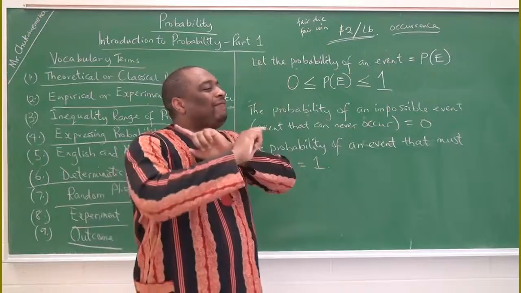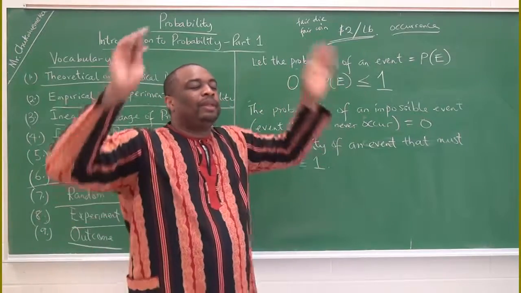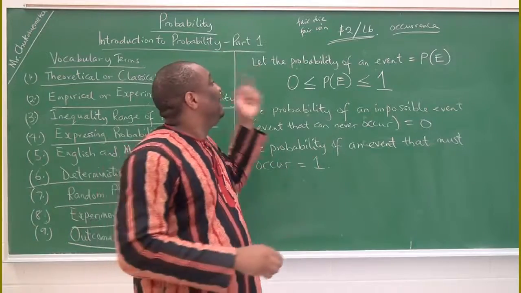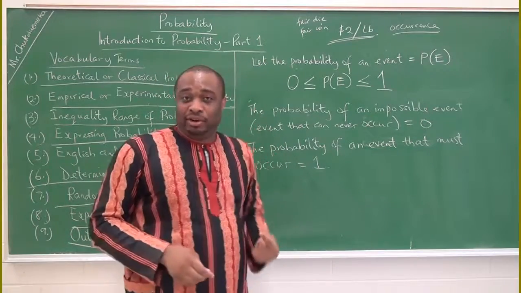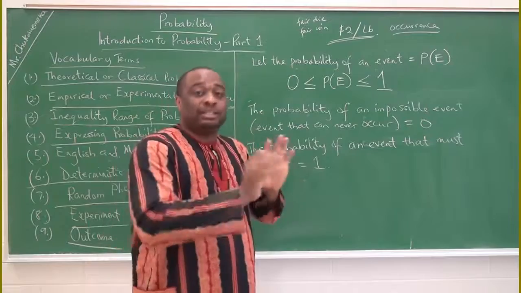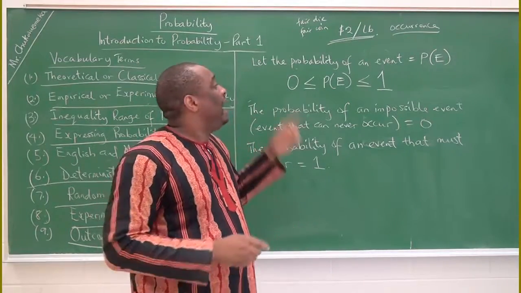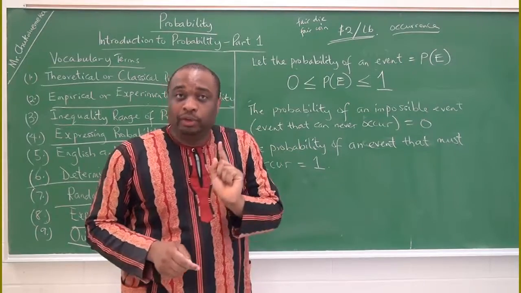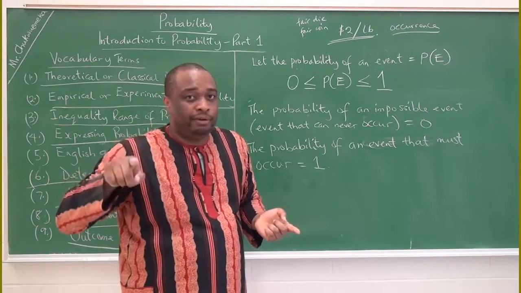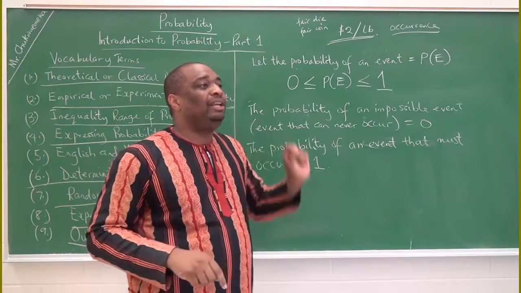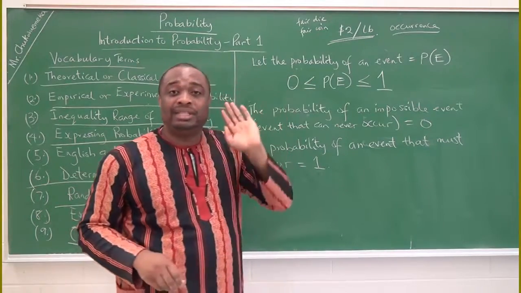Remember, whatever problem you're solving, whatever probability of an event that you are calculating, if it is less than 0, you are wrong. Just know that it's wrong. You cannot have a negative. And you cannot have 1.1. You cannot have 1 and 3 over 4. Anything you're calculating in probability will be between 0 and 1.